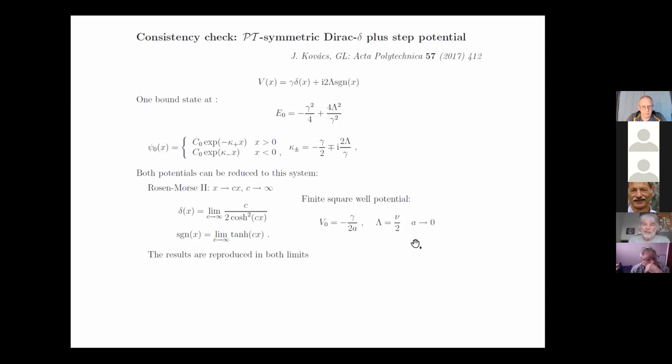While in the case of the imaginary component, the tangent hyperbolic simply goes into the sine function. So in both cases, you can exactly reach this potential as a limit. And it turns out that if you go through this limit process in both cases, you nicely get back all these results which are here. So it is a kind of consistency check for the problem.